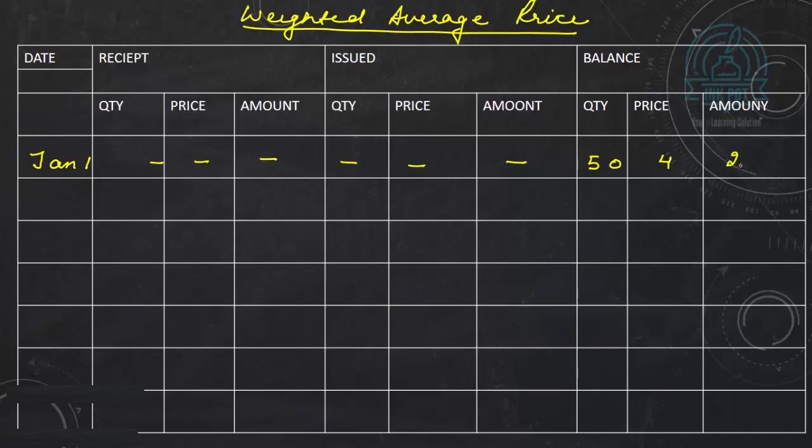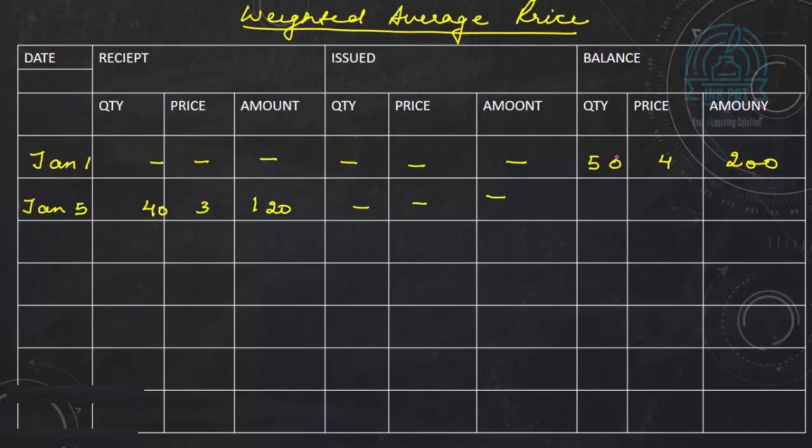Now as on Jan 5, we have received 40 units at the rate of 3, which is 120, not issued anything. Now in weighted average price, we will use only one price, unlike LIFO and FIFO. So we will calculate the average price. How will we calculate it?